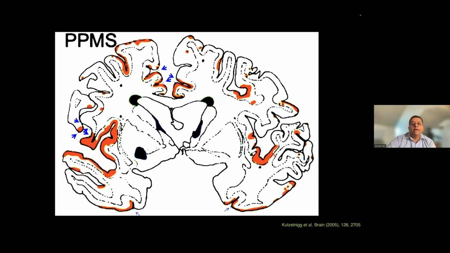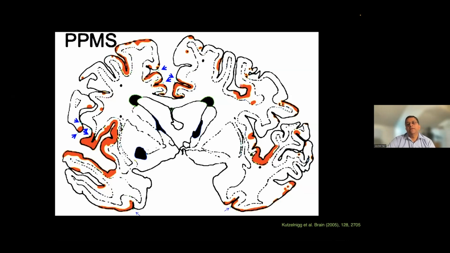So in fact, if you look back at the histology that I showed before, you can see these little dots that they have pointed out in their paper, which I have highlighted using these blue arrows here. These little dots are meningeal inflammation.